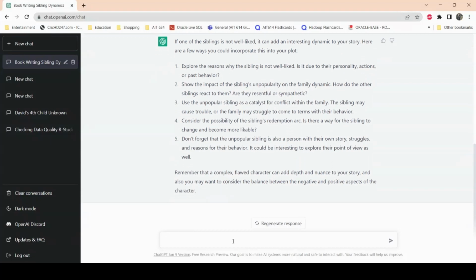Are they resentful or sympathetic? Use the unpopular sibling as a catalyst for conflict within the family. The sibling may cause trouble, or the family may struggle to come to terms with their behavior. Consider the possibility of a redemption arc for the sibling. So these are some of the ideas that you can do with that one sibling that is not well liked.